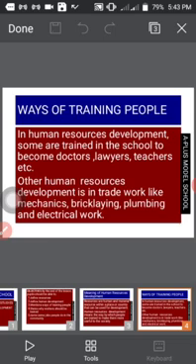Ways of training people. In human resources development, some are trained in school to become doctors, lawyers, teachers, and so on.